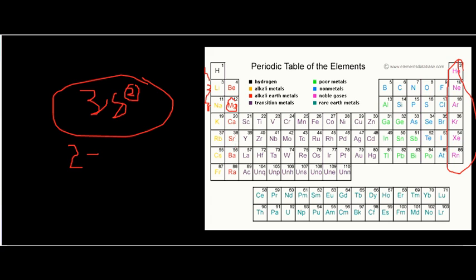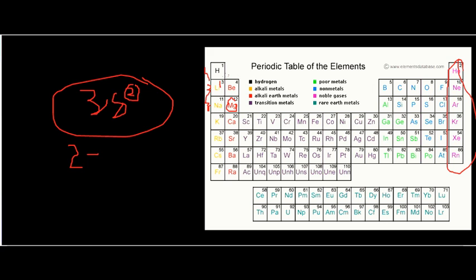And that works for almost this whole row, because it's two boxes away from the noble gas. It works for this first column too, which only wants to gain one electron. I mean, lose one electron.